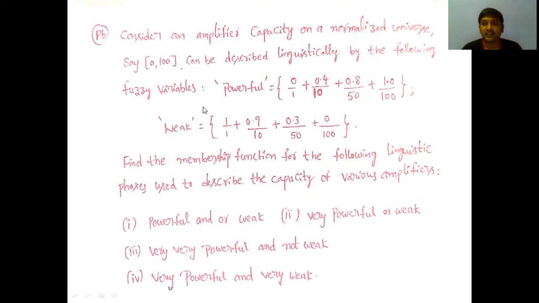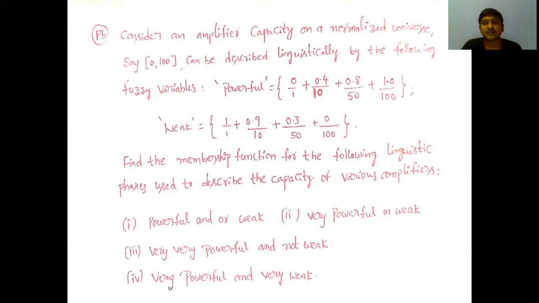Previously given x and y, instead of that one, some linguistic variables in terms of words, powerful, so 0 by 1 plus 0.4 by 10 plus 0.8 by 50 plus 1 by 100. Similarly, weak membership function values 1 by 1 plus 0.9 by 10 plus 0.3 by 50 plus 0 by 100.